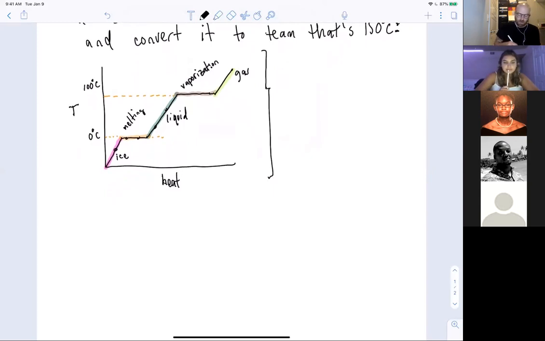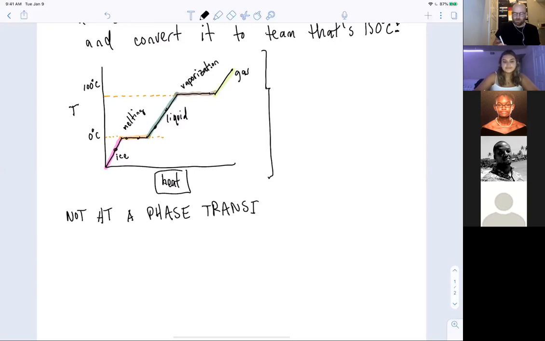When you're not at a phase transition, all the heat that goes into the system is going into increasing the kinetic energy of whatever phase you're in. In other words, it's going into increasing the temperature. We use those words somewhat interchangeably.